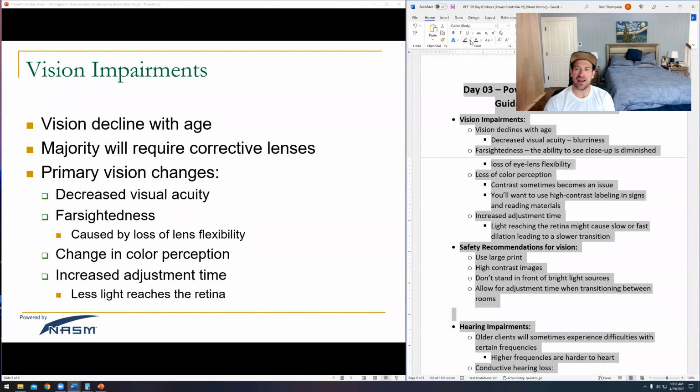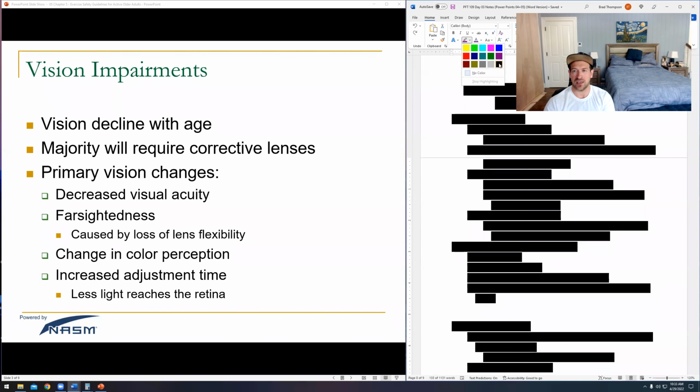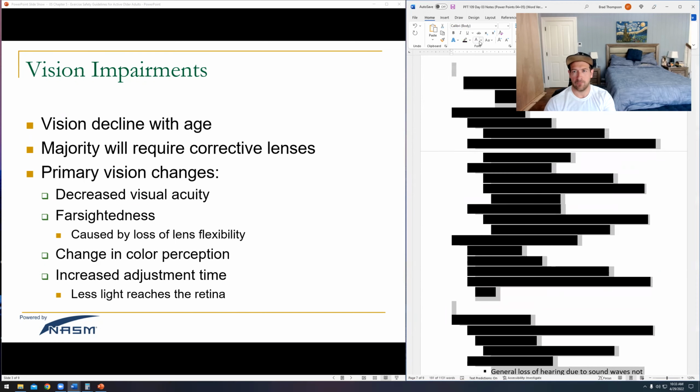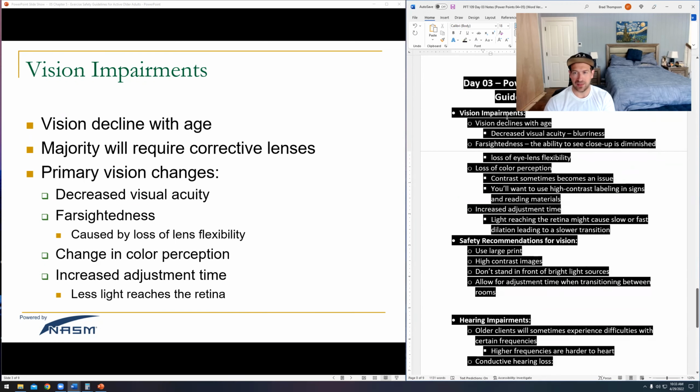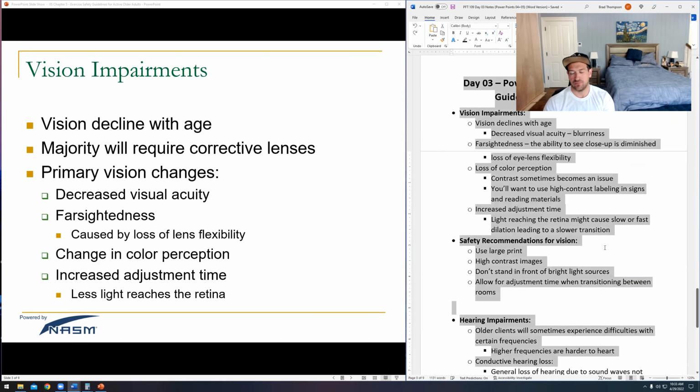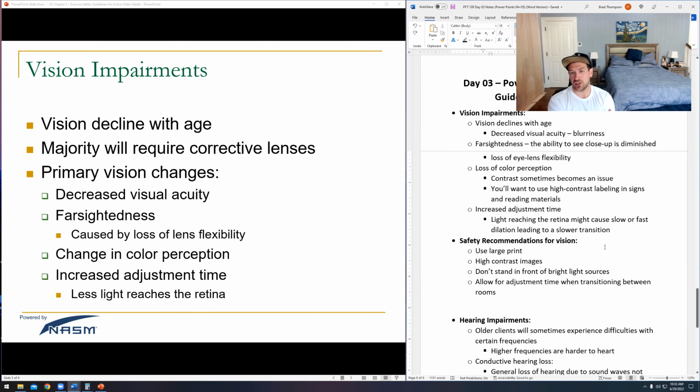So instead, it might actually be easier for a senior to read something like this. Black background with white text is a little bit easier to read than white background with black text. Do you need to do that? I don't know. It depends on your client. Honestly, you'll probably be fine if you just put it in bold.